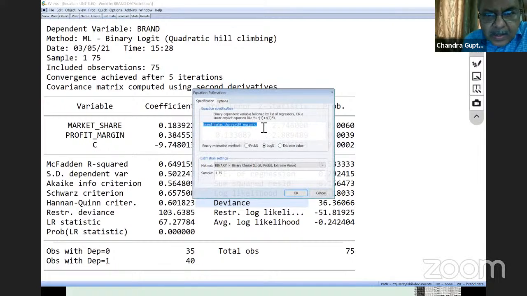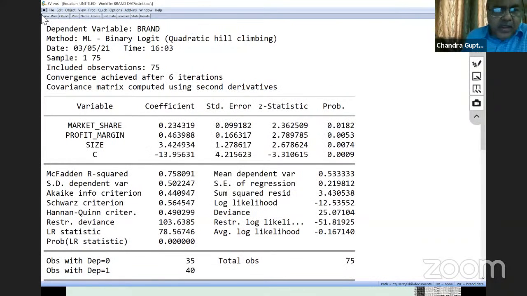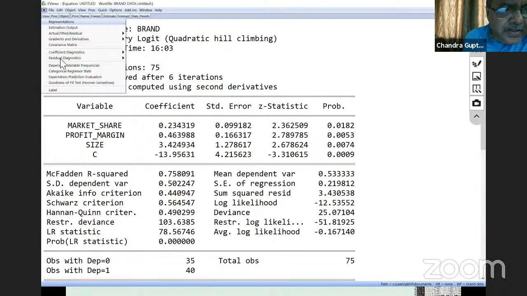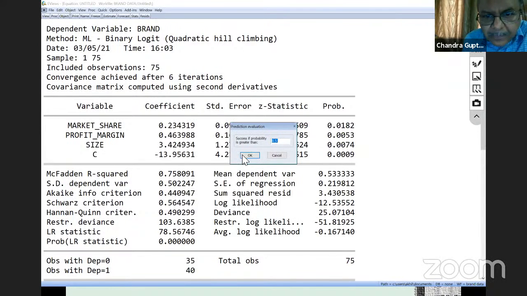Suppose I estimate with size also. Then to know the success rate, go to expectation, prediction, evaluation. Success if probability is greater than 0.5. By default, it takes a threshold probability of 0.5, but if you want to change it, you can.